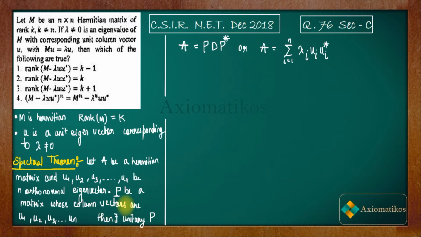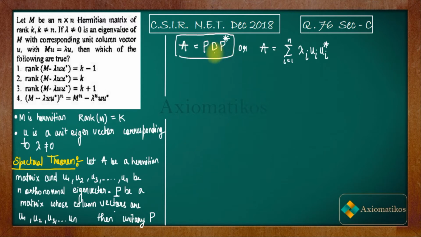And what is the importance of this P? I should not write "there exists" because we are getting it. So then this unitary P will give us this. Are you getting my point? If P is a matrix that consists of the eigenvectors as columns, then you can write A in the form of this.